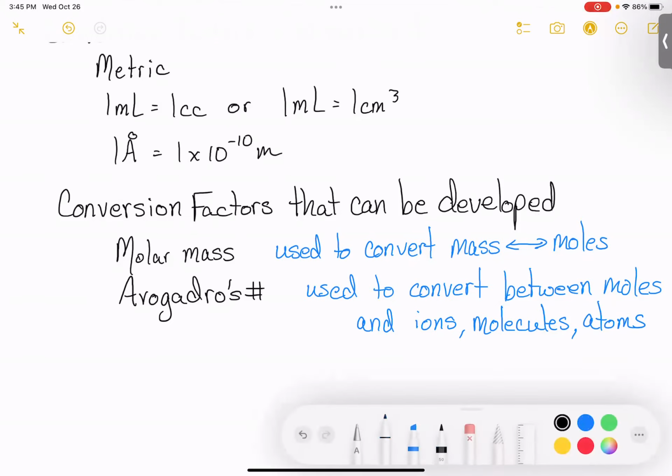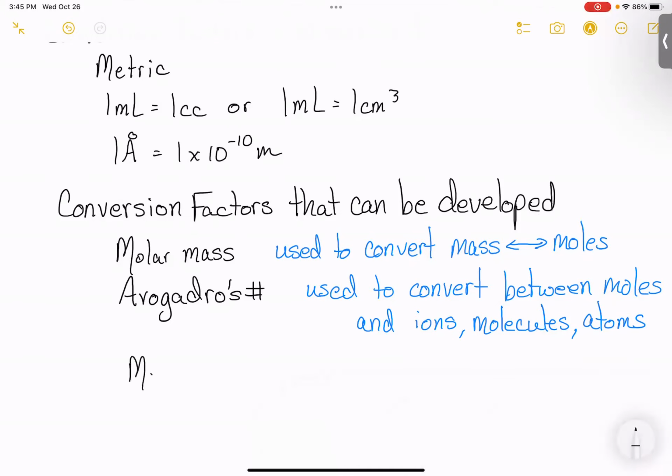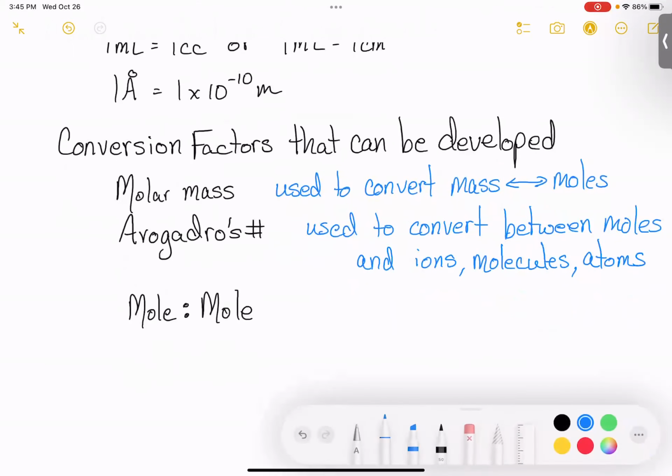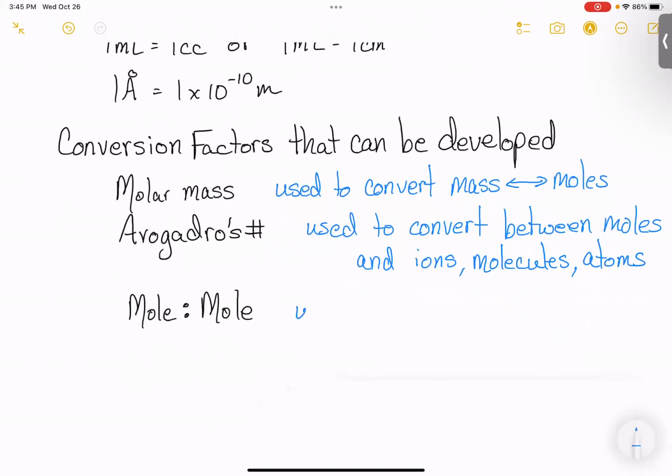The final conversion factor we really haven't talked about yet, but we're about to, is known as the mole-to-mole ratio. Mole-to-mole ratios are used to convert between two different substances.